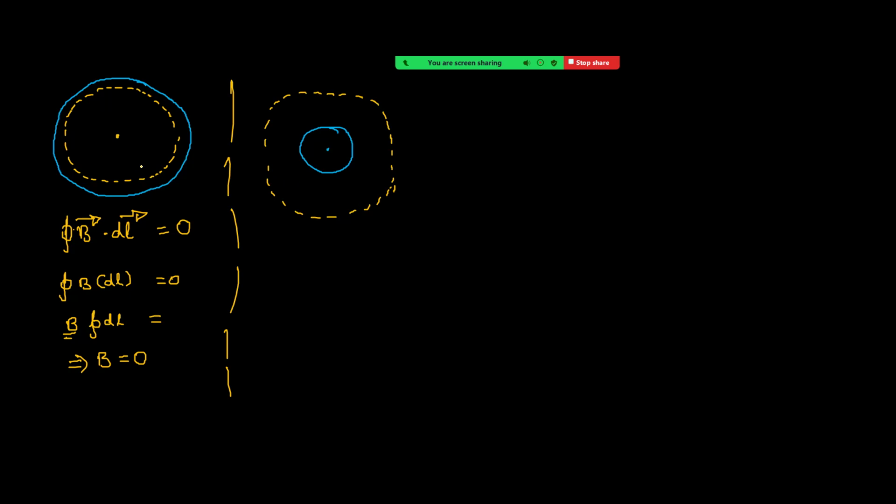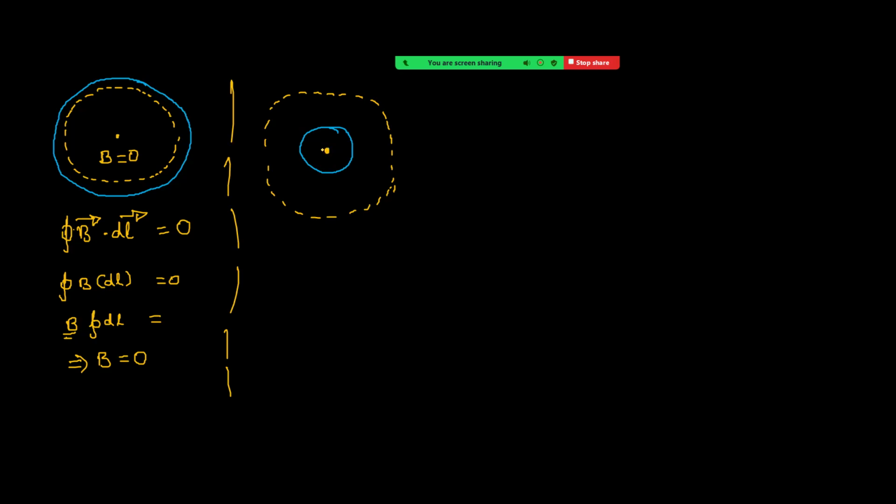Exactly the same logic applies here. The field is 0 inside, and outside it is the same as due to a long thin straight wire. So replace the cylinder with a long thin straight wire along its axis.